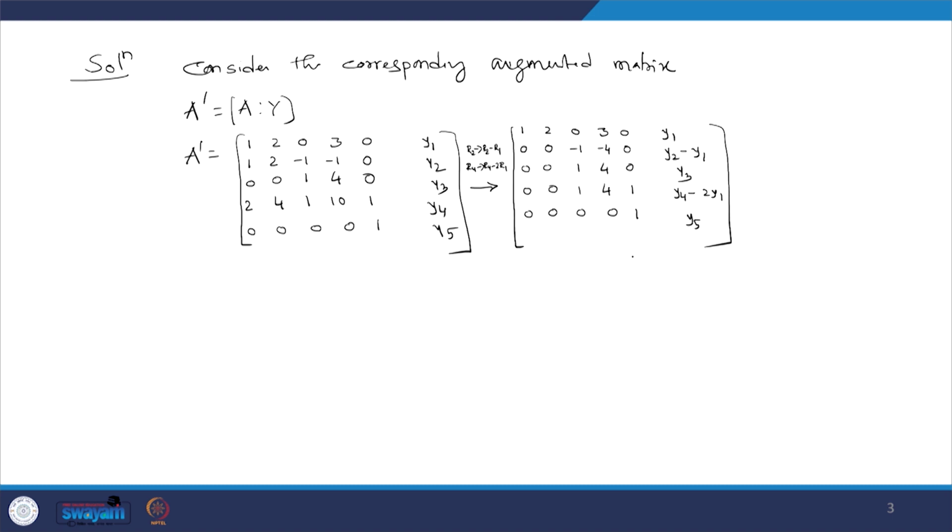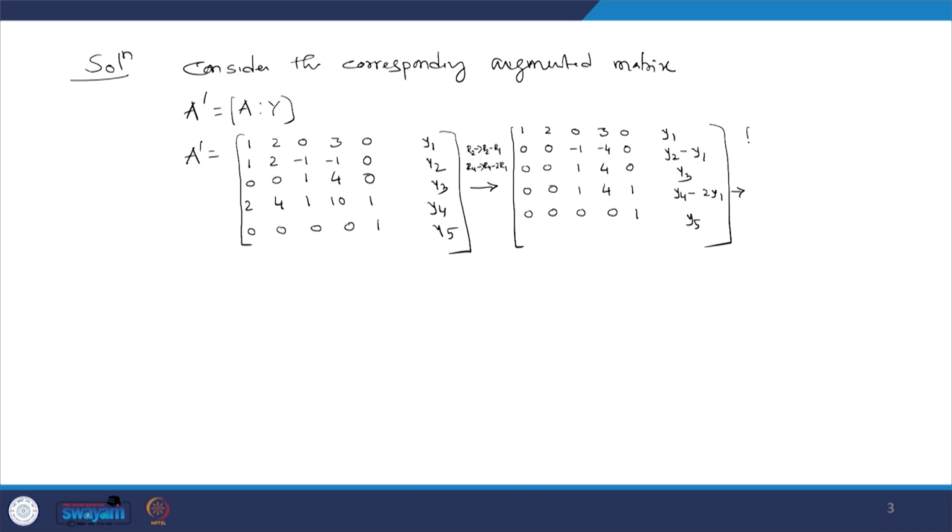So, this is the updated one, but I see that this 5 cross 5 part is not a row reduced echelon matrix. So, we need to apply further elementary row operations.